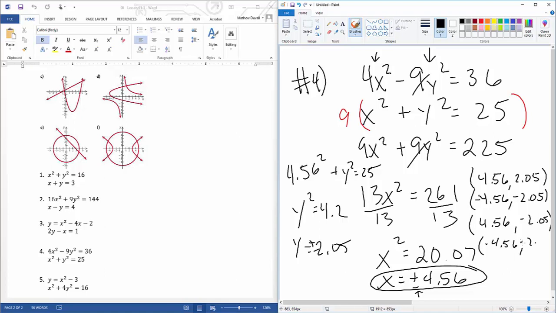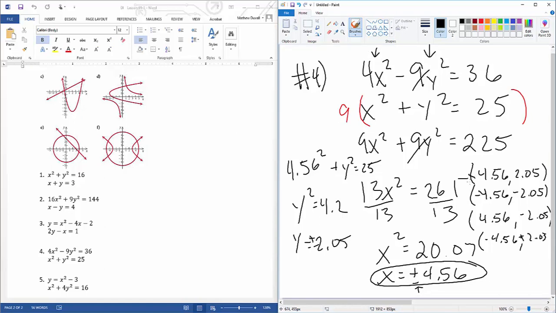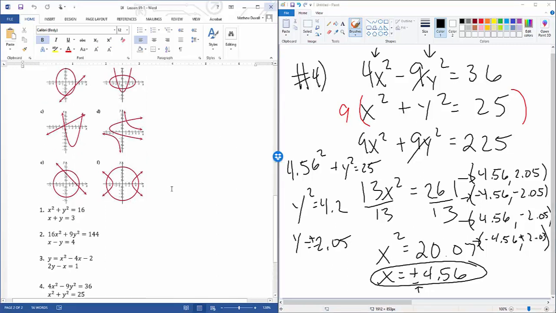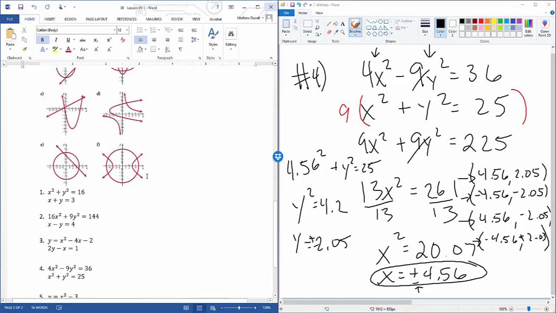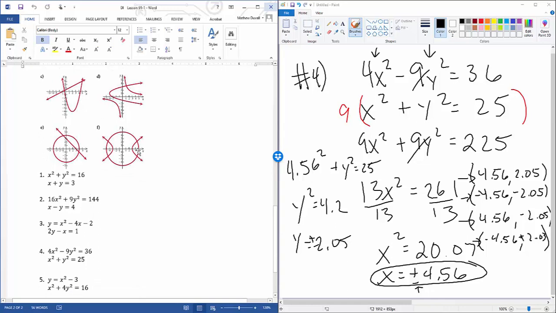We need the negative with the positive. So the two positive values have the positive and negative. The two negative values have the positive and the negative. And so we have to match which one that's going to be. That's going to be about 4.5, about 2.5, so about right here is where they intersect.